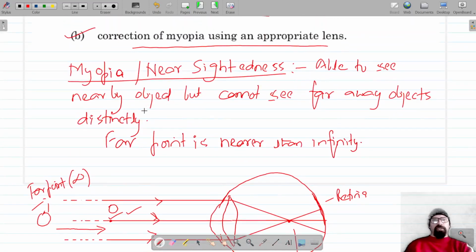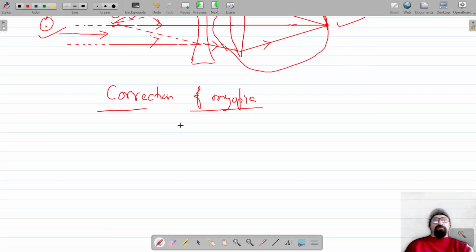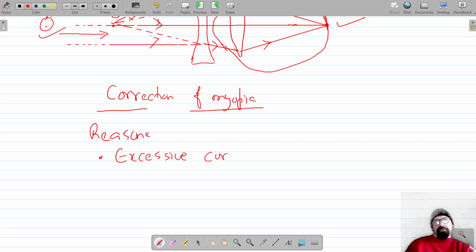So what do you have to write? You have to state the reasons for myopia. We forgot to state the reasons for myopia. The reasons for myopia could be the excessive curvature of the eye lens.